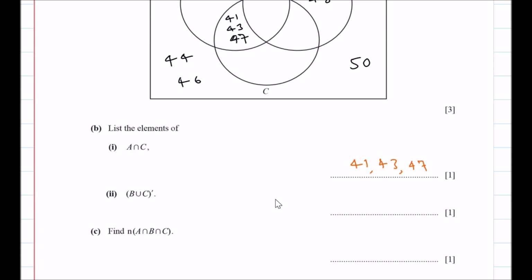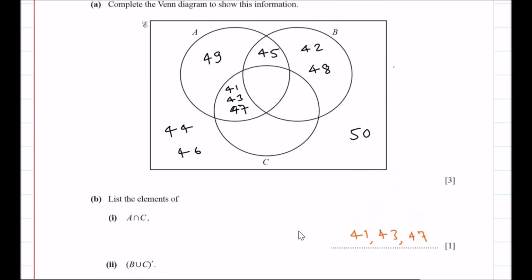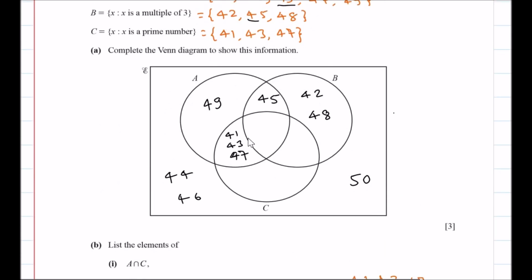Okay. Next, B union C dash. So B union C dash means whatever is in B and C together, apart from that, whatever is outside, you have to write those elements. So you can check. You don't have to take 45, 42, 48, 41, 43, 47.